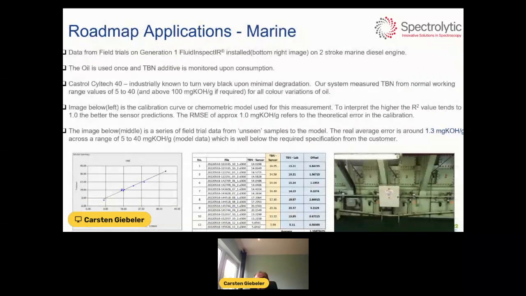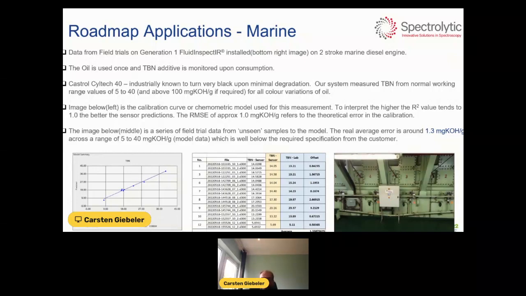We also ventured a little bit into marine applications, which seems to be getting more and more traction. This one here is an installation to measure the TBN in scrape oil on a Castrol Cyclex oil. The range for which we set up the calibration file was from 5 to 40.